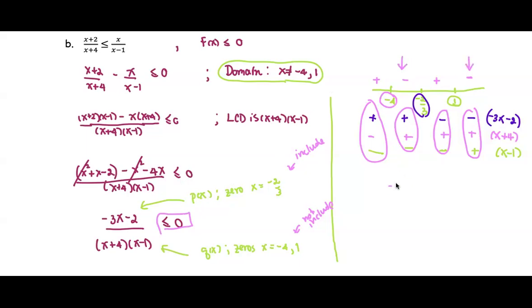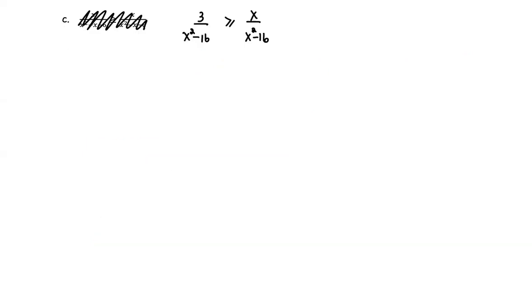Therefore, we're going to do -4 to -2/3. Since we can include -2/3, we're going to use the bracket, but we don't include -4. Also, another interval starting from 1 all the way to infinity. Since 1 cannot be included, we're going to use the open parenthesis and use the union symbol to join them together as a solution set for this inequality problem.